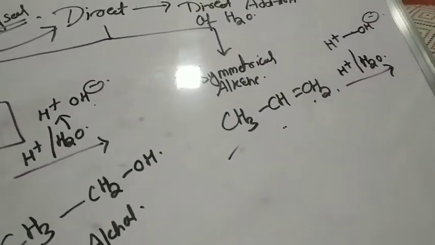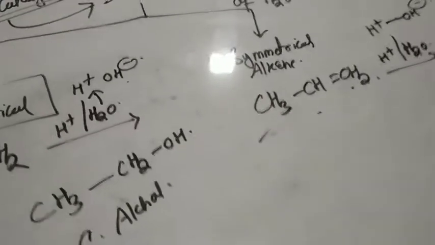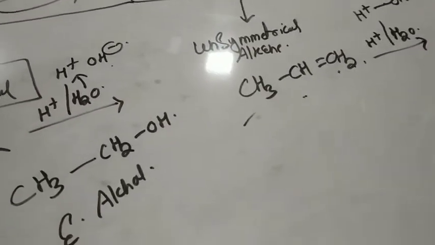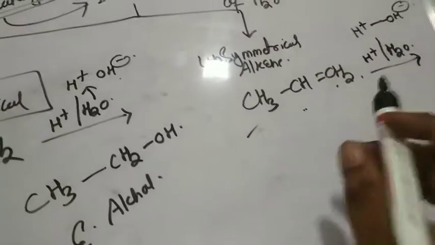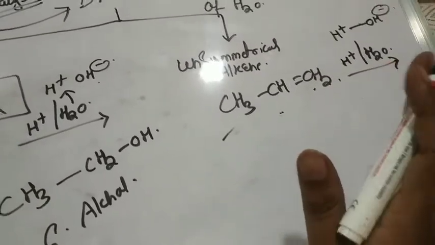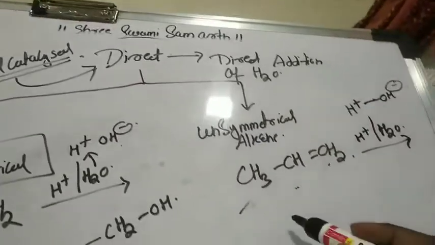For this we had learned one method in the halogen derivatives, that is the Markovnikov's and the anti-Markovnikov's rule. I told you that whenever the unsymmetrical alkene will come, in that case we are going to use the Markovnikov's rule. Now what does the Markovnikov's rule say?